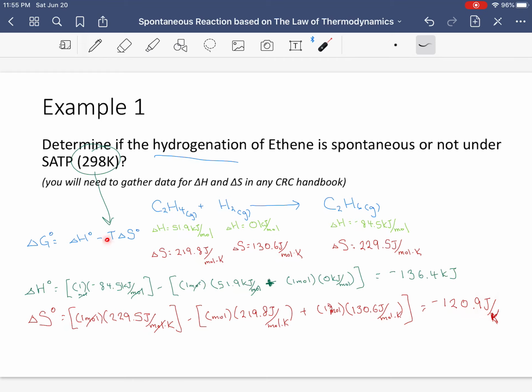I can't just subtract these. I have to make sure they're consistent. We want delta G to be in kilojoules, so the logical thing here is to make this kilojoules.